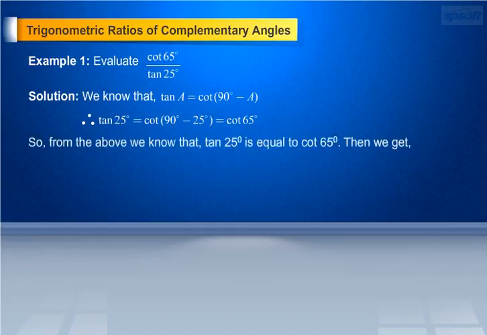So tan 25 degrees is equal to cot 65 degrees. Then cot 65 degrees by tan 25 degrees equals cot 65 degrees by cot 65 degrees, which is equal to 1. Therefore cot 65 degrees by tan 25 degrees equals 1.